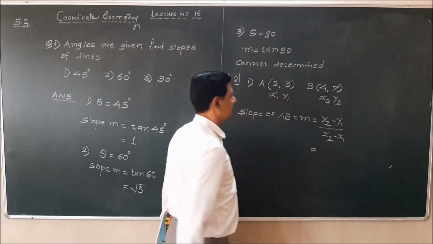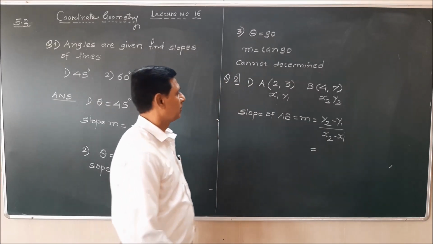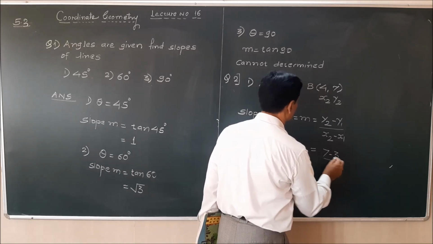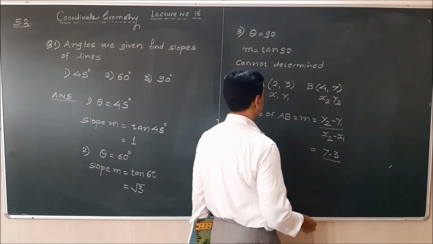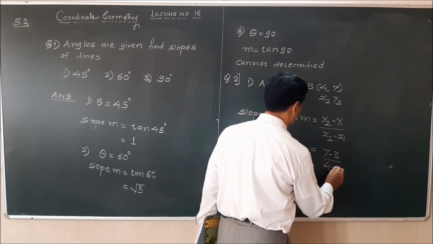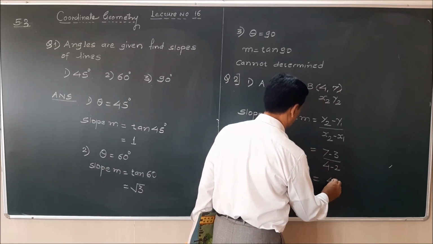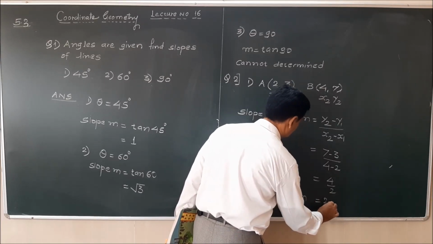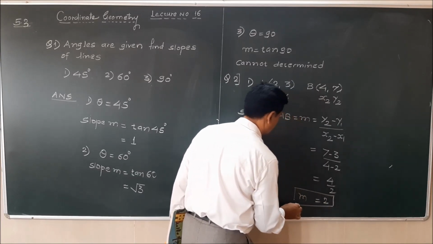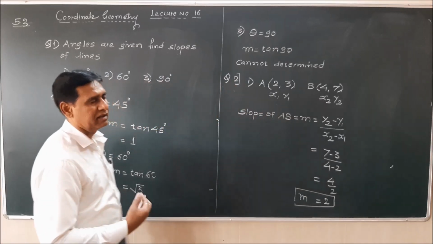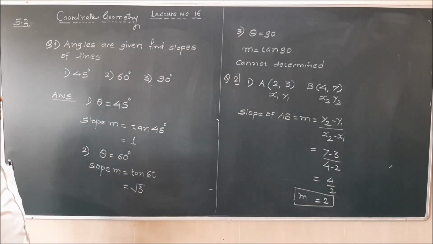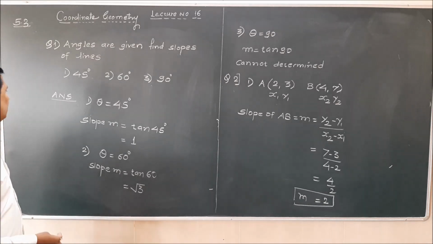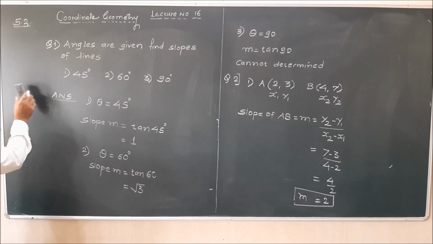So y2 is 7, 7 minus 3, upon x2 minus x1, that is 4 minus 2. 7 minus 3 is 4, upon 2. Therefore, m is equal to 2. Very simple, very mechanical sums. You simply have to remember that the slope of line formula is y2 minus y1 upon x2 minus x1.